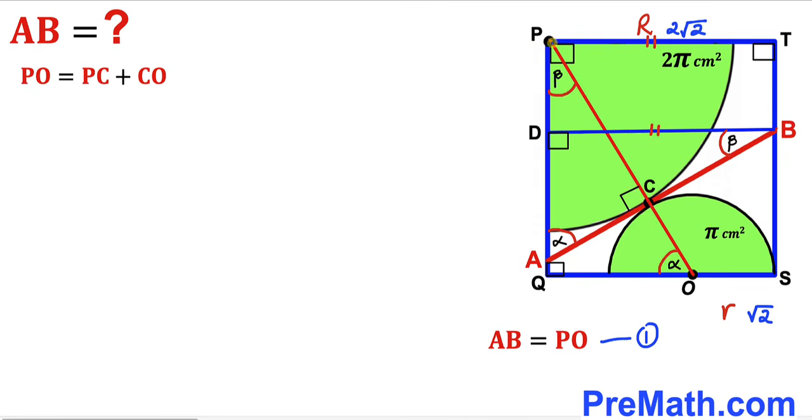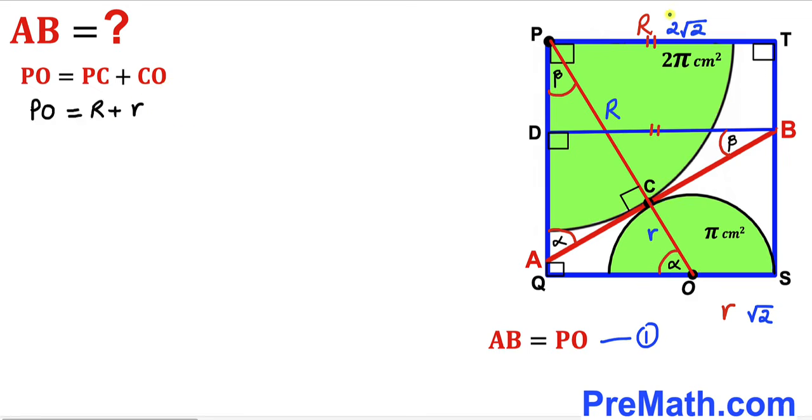This PC length is the same as the radius uppercase R of this quarter circle, so I'm going to replace this PC length with uppercase R. Furthermore, we can see that this CO is the radius of this semicircle, so this has got to be lowercase r. I'm going to replace this CO with lowercase r over here.